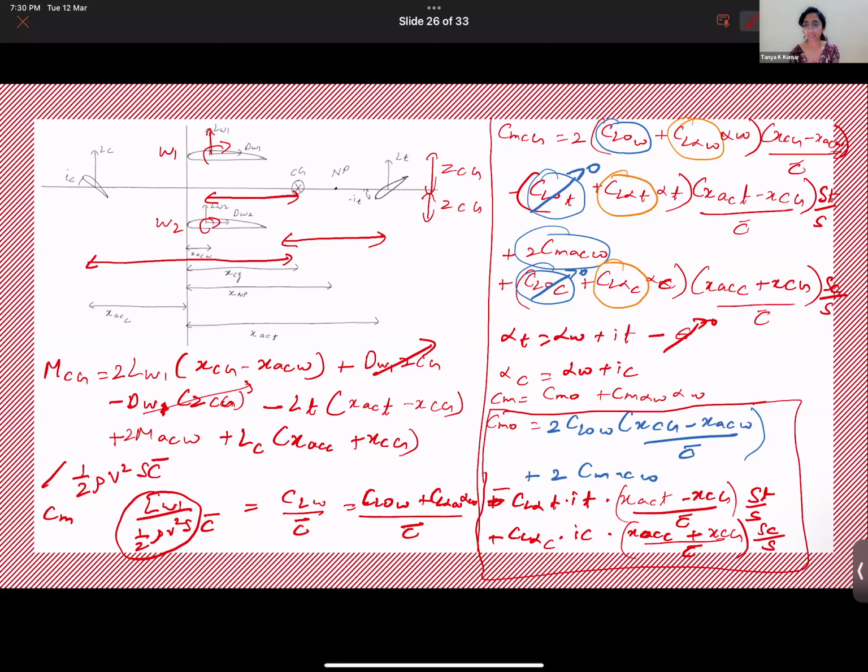Is it right? Am I missing some more terms or is this incorrect? Let me know.